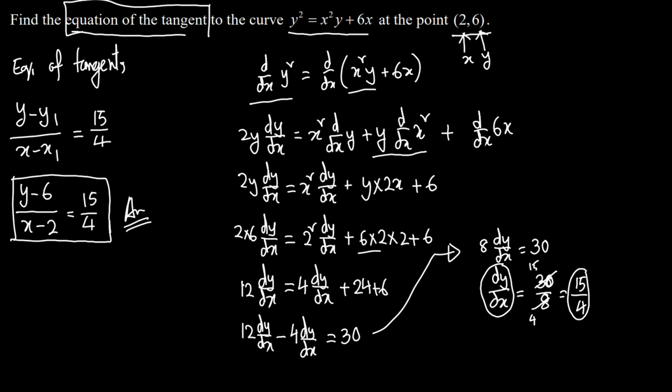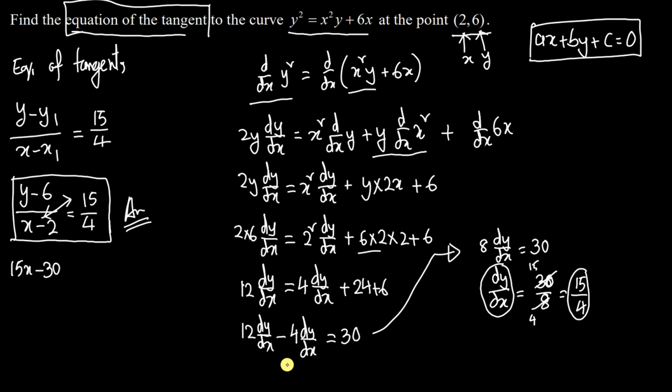Sometimes we get a question that asks for ax plus by plus c equals 0, the linear form. If the question asks for the linear form, then we can do it by cross multiplication: 15 into this 2 part, which is 15x minus 15 into 2 is 30, and on the other side 4y, then minus 4 times 6 is 24.